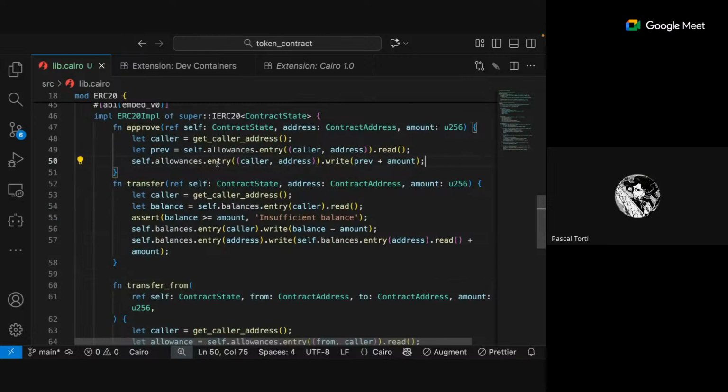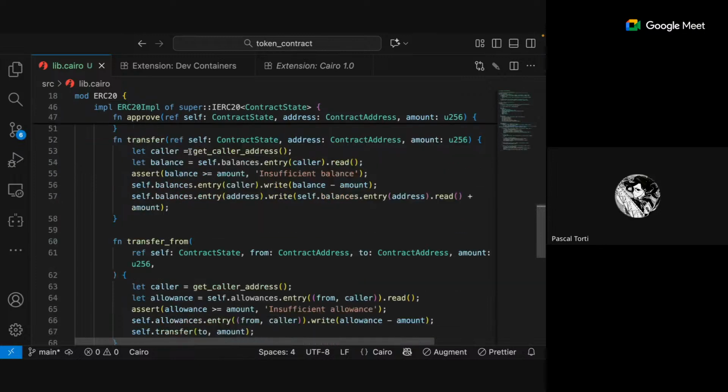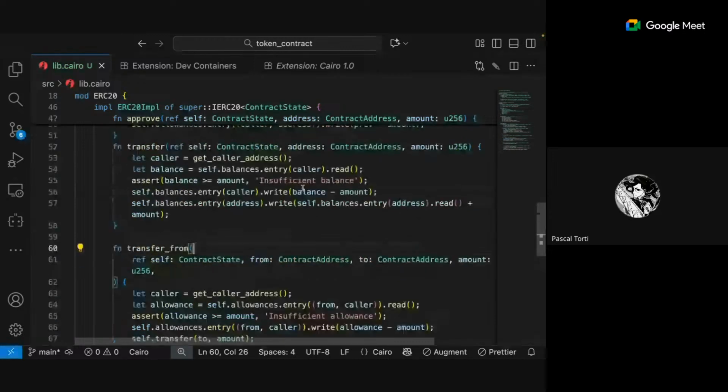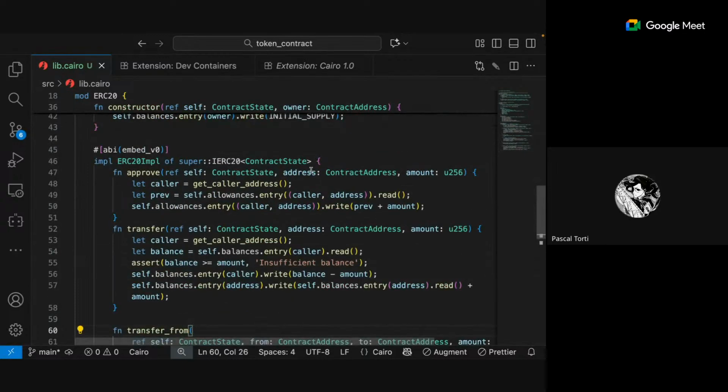So this reads and alters the allowance. And for transfer from, it reads first and checks. So now let's say approve from address 0 to address 1. Let's say the caller is address 0, then this is 1. The key now is the tuple 0 and 1.